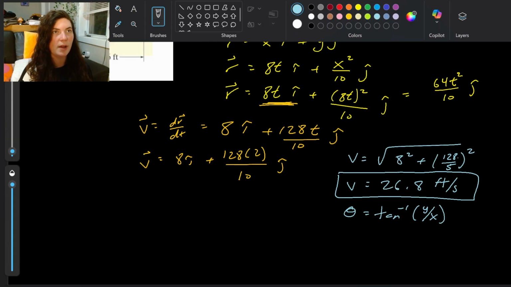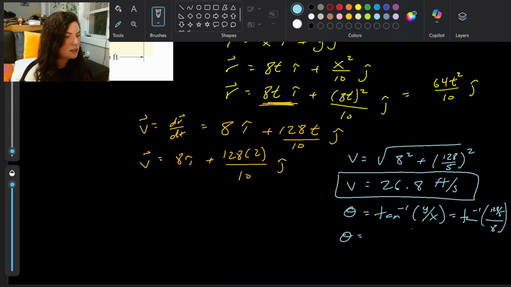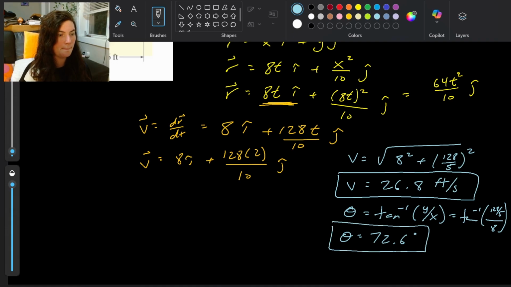We can plug in arctangent of that 128 over 5, all over 8, into a calculator to see what direction that velocity is acting in. In my calculator, I got about 72.6 degrees. So that's our velocity.